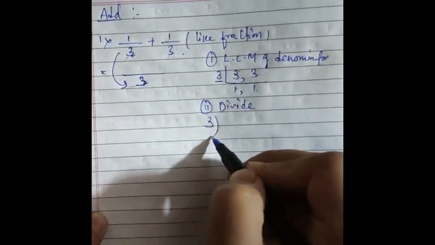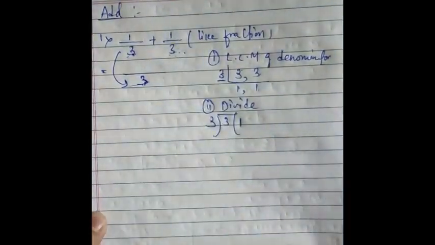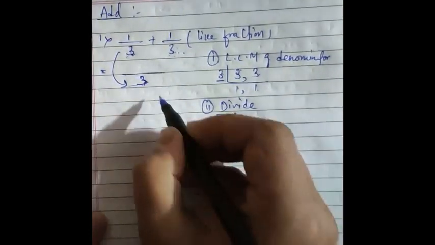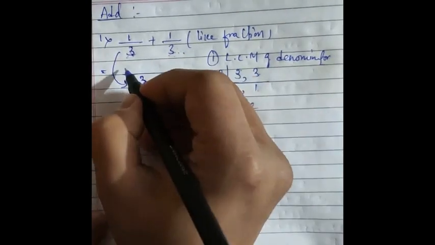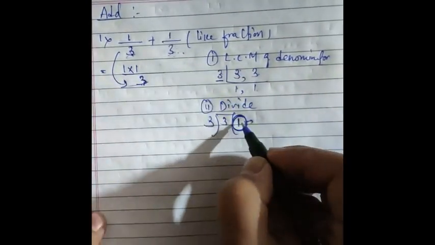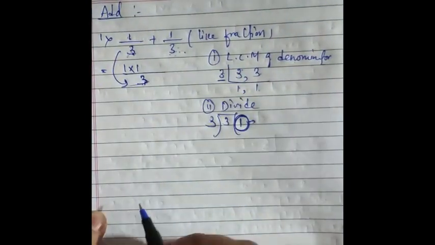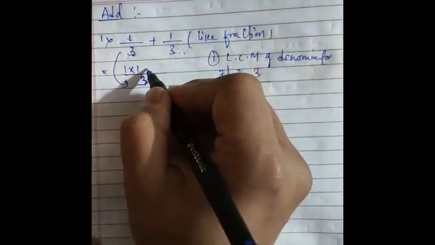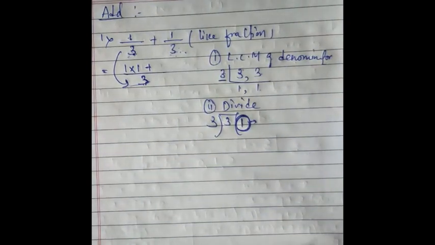3 divided by 3 is what? 1. Now multiply this 1 with the numerator: 1 into 1. Do it very carefully. Do not jump, and do not skip any part of the video.